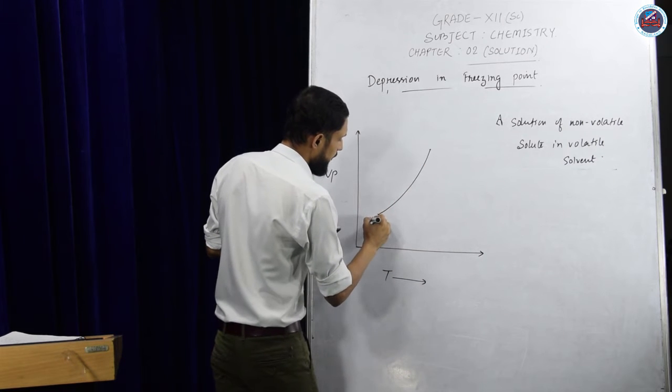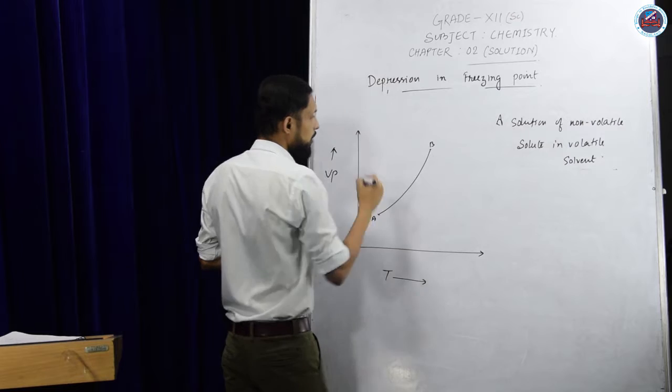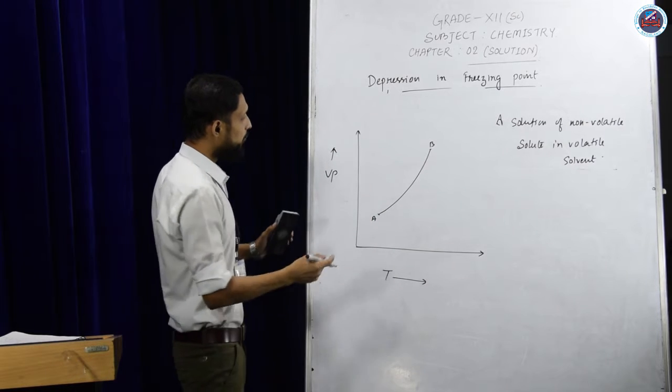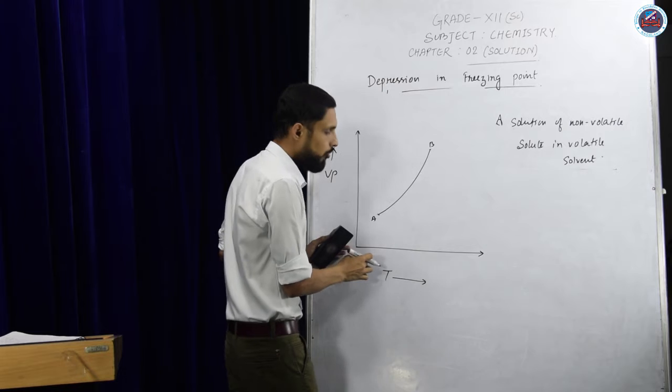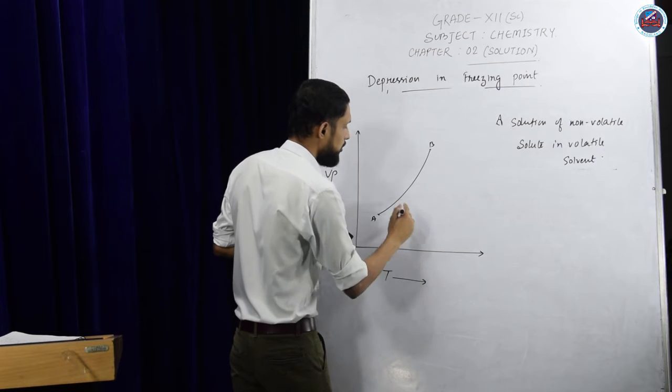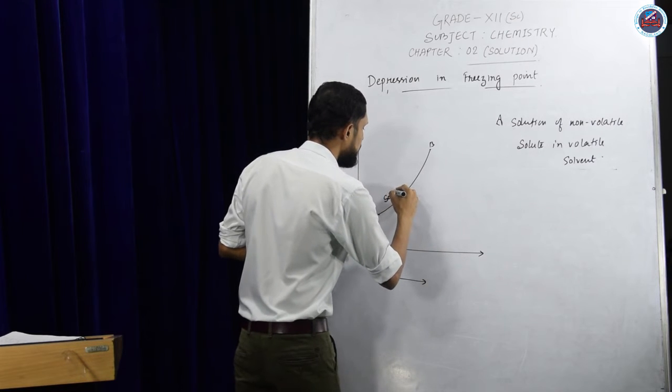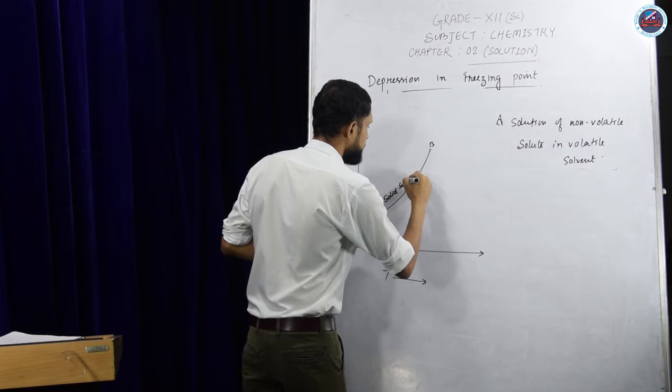Let this be AB. So AB represents the increase in vapor pressure with respect to temperature for solid solvent.